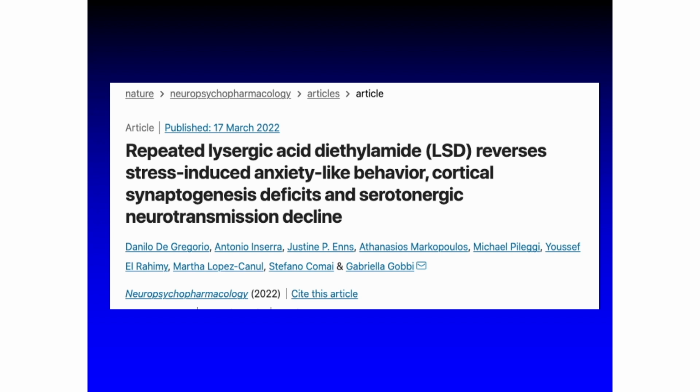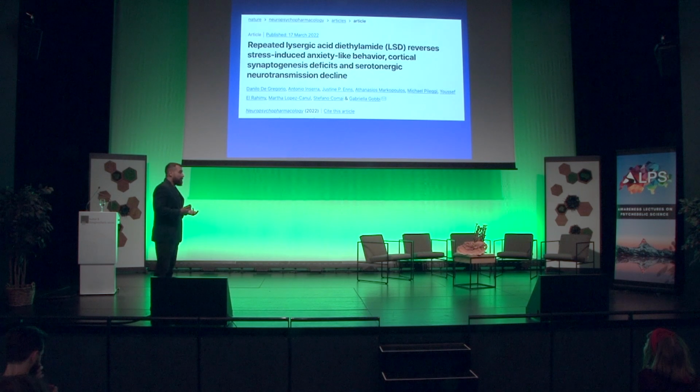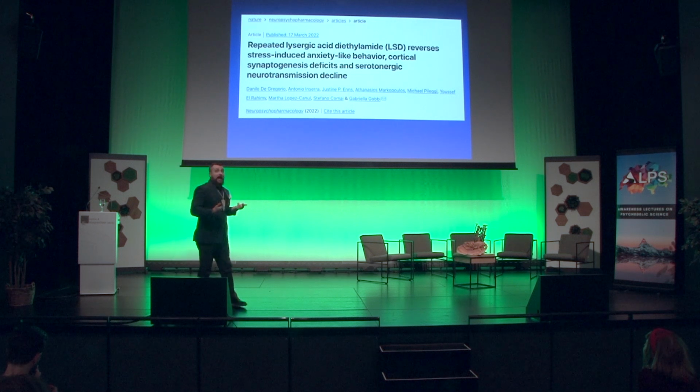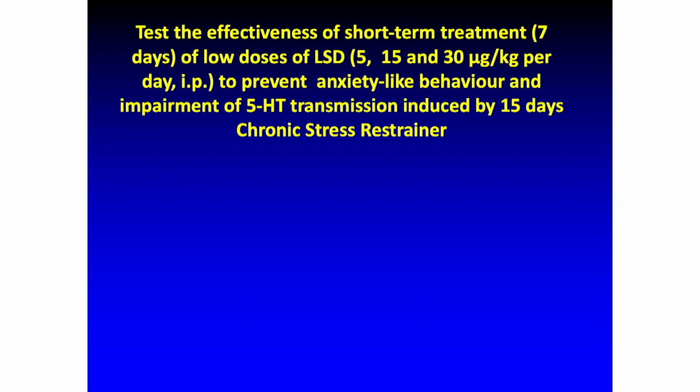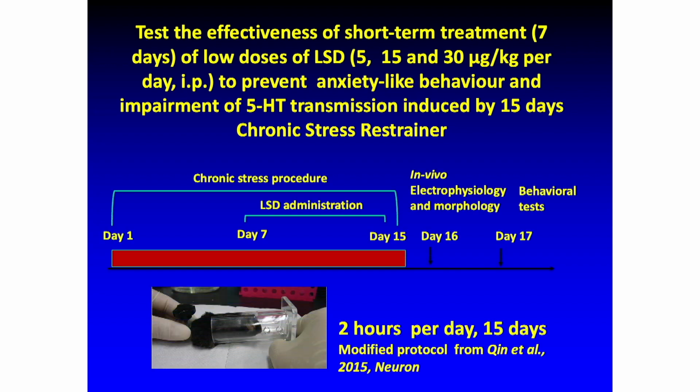So, of course, we needed to make animals anxious, and to do so, I don't know if you're familiar with behavioral tests, but basically we used this approved protocol, which is called chronic restraint stress, for 2 hours per day for 15 days.